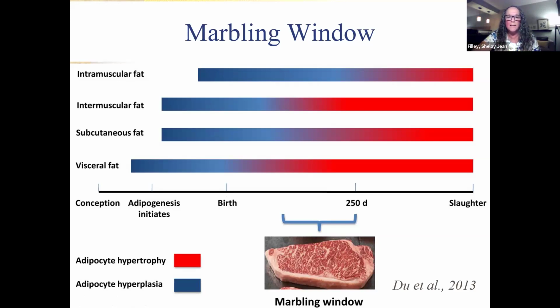So early in life, it gets that. And so when you have the number of fat cells, then you can make those fat cells bigger as the animal's older before slaughter. But you need the number of fat cells to be large as well as the size of the fat cells. So the diet of the dam is very important.